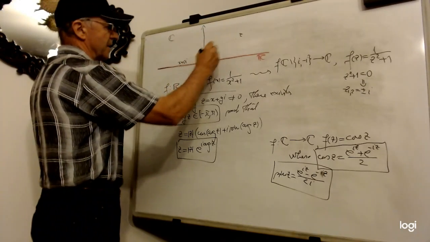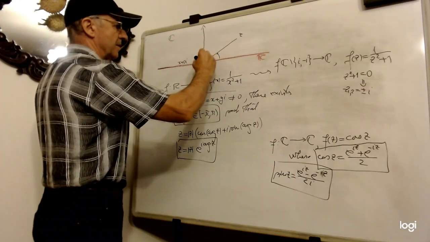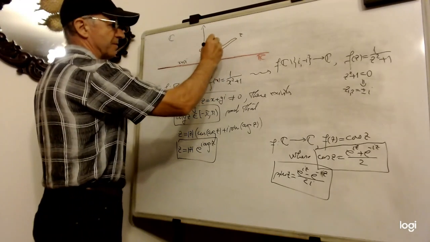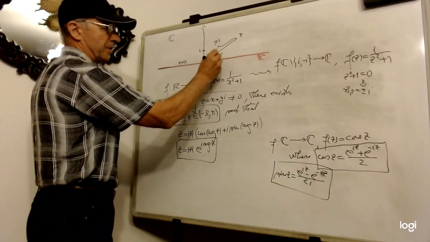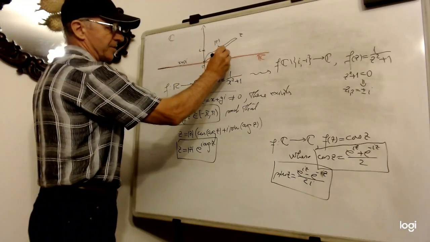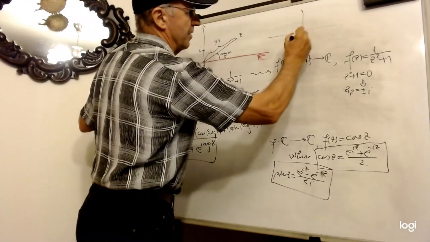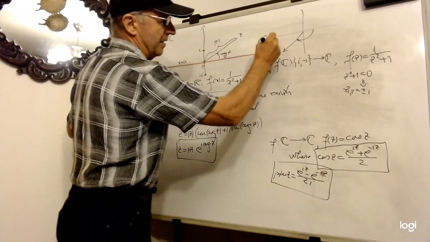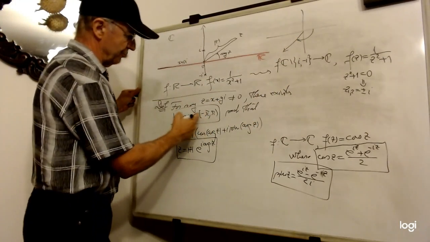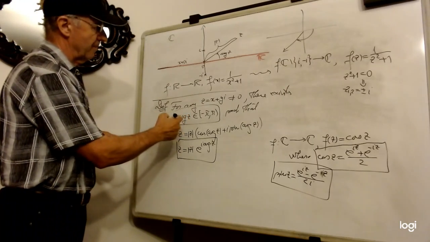In this case, for z, this is the modulus of z, the distance from z up to the origin. This is the argument of z. If z is, for example, here, then it is negative. We choose this interval for this function.